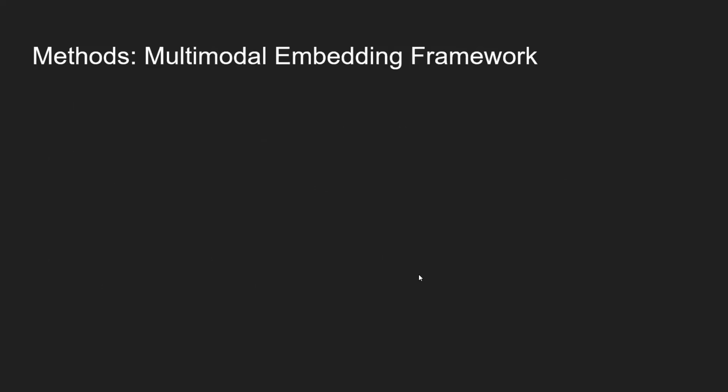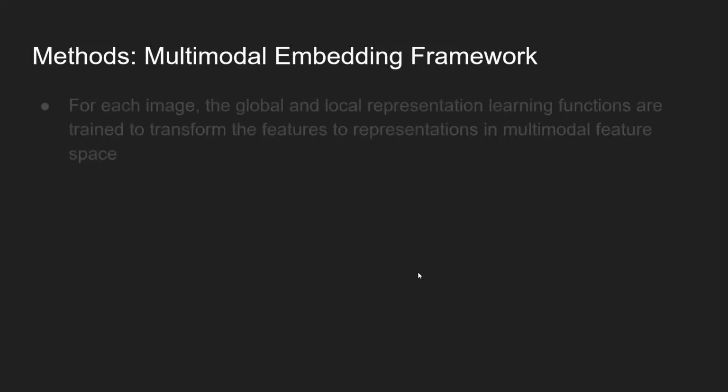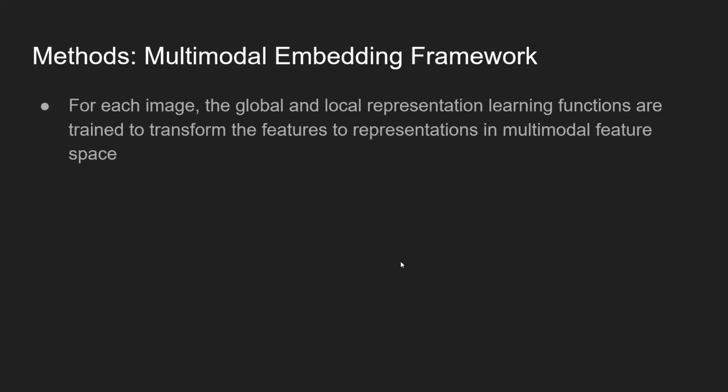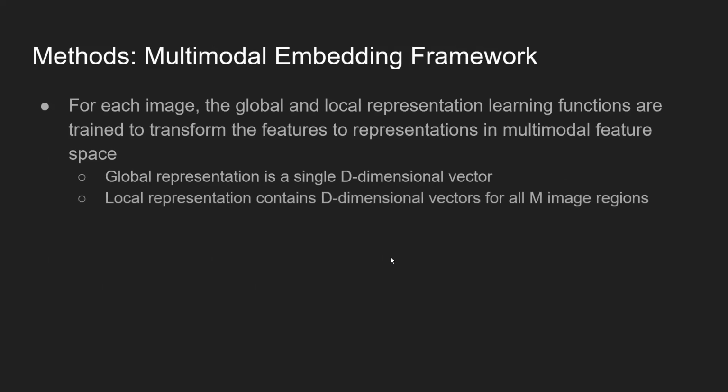For the multimodal embedding framework, for each image, the global and local representation learning functions are trained to transform the features to representations in multimodal feature space. Global representation is a single D-dimensional vector. Local representation contains D-dimensional vectors for all M image subregions.